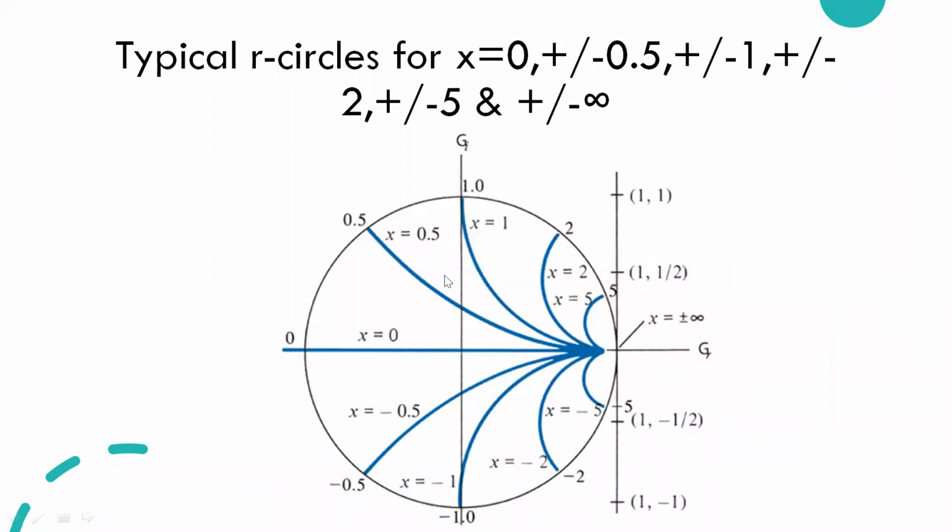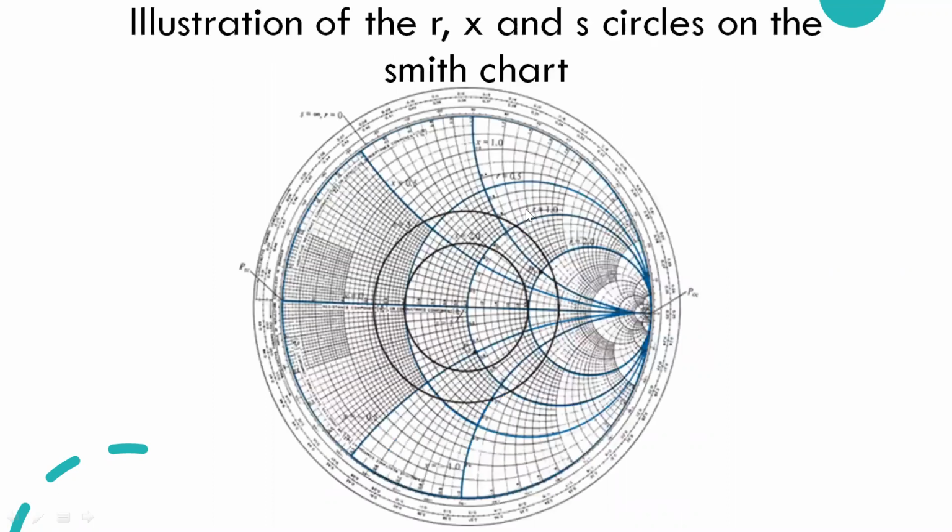Let us see, if we superimpose these X circles and R circles, it is nothing but the Smith chart. Just now you see the blue color lines on the black chart. These are the R circles in a full round.